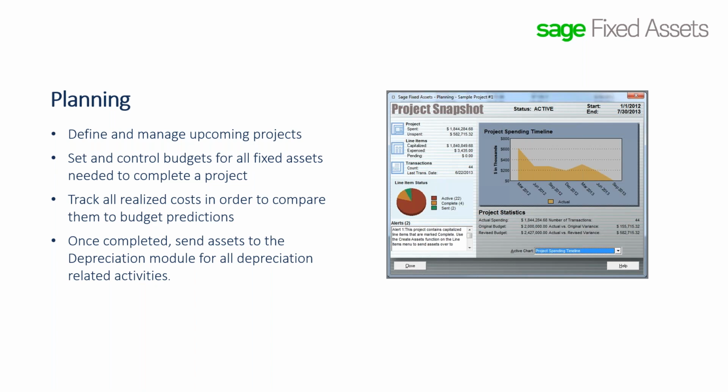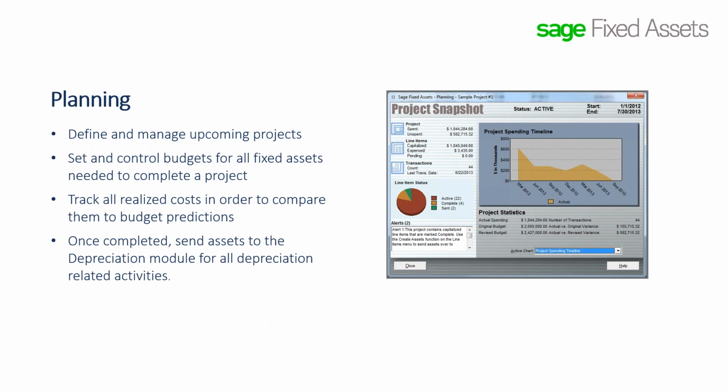If it's part of a project or CIP, it would go in the planning module where you will be able to report on all of the roll-up costs tied to that for materials, labor, and so on, report on your spend against budget. And if you notice on the graphic on the right, you can actually see the actual spend against both an original and a revised budget. And to the top portion of that graphic, you can see what's spent or unspent of the budget.